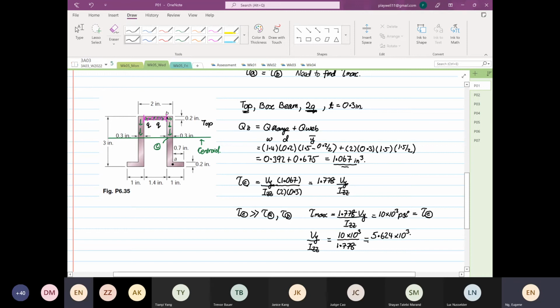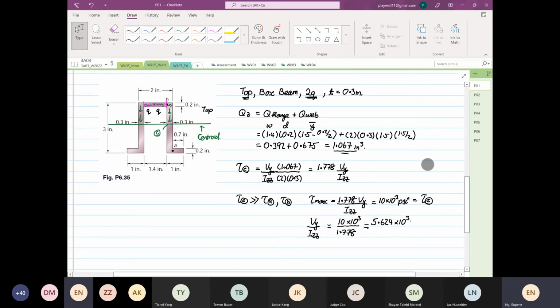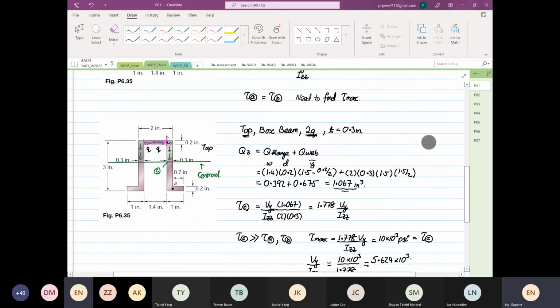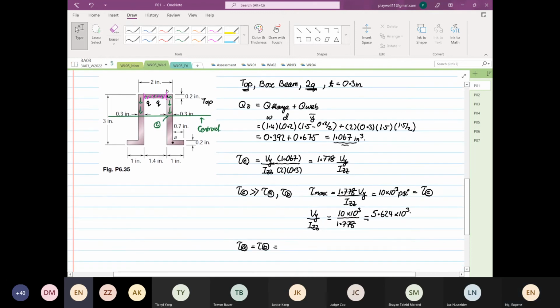Okay, so from here, we can find the shear stress at point A, which is equal to shear stress at point B, which is equal to 0.98 multiplied by 5.624. Now let me write out this relationship first. So this is equal to Vy over Izz.